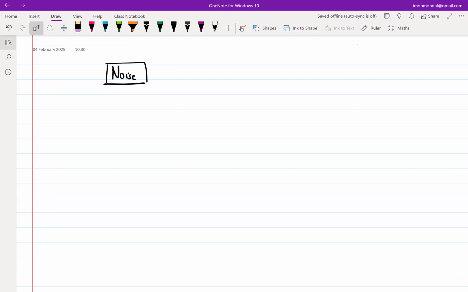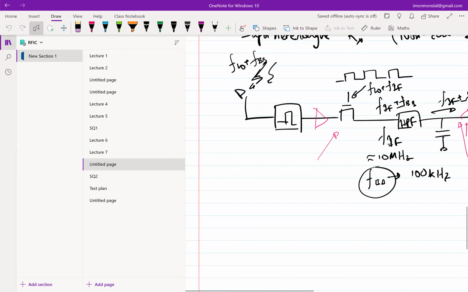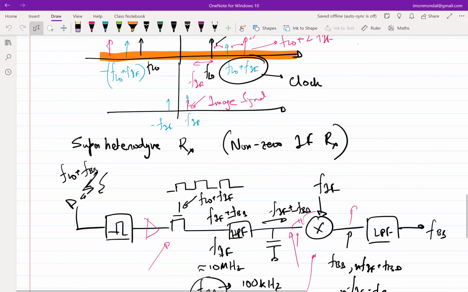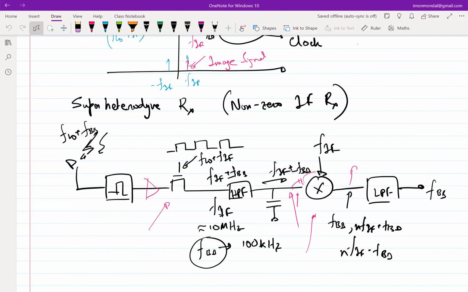So if I go back to this architecture, what we saw was, if this center frequency, which we called FLO plus IF, is not the same as the reception frequency, then whatever comes back through as a leakage is not at the reception frequency, right?